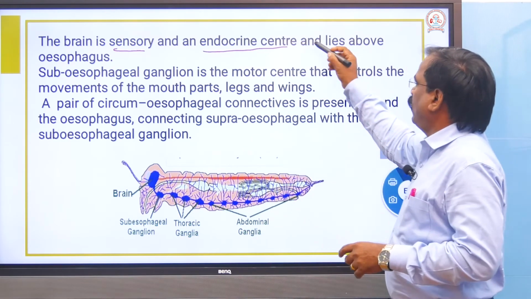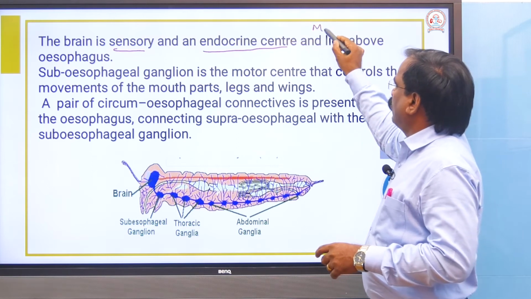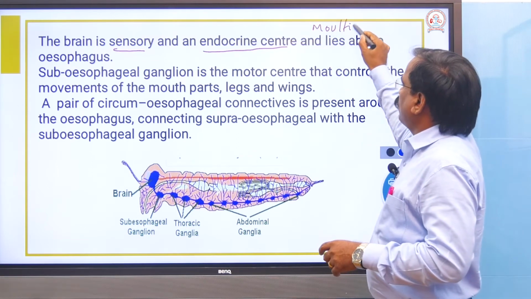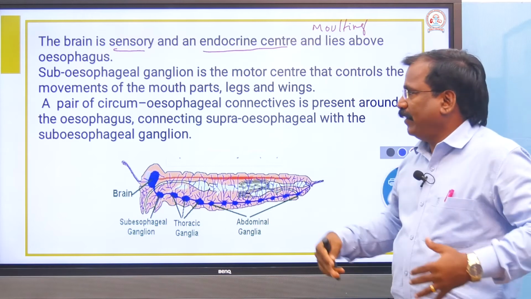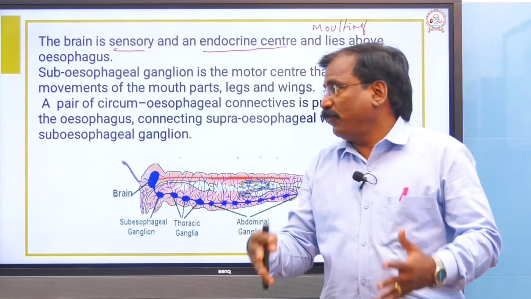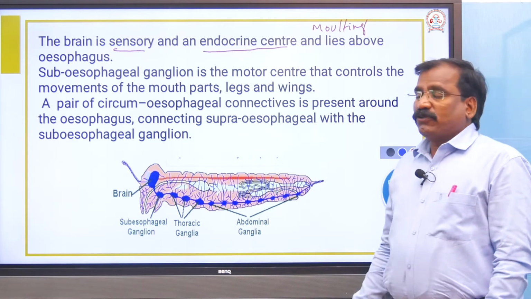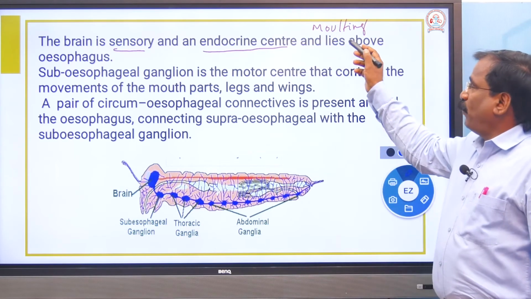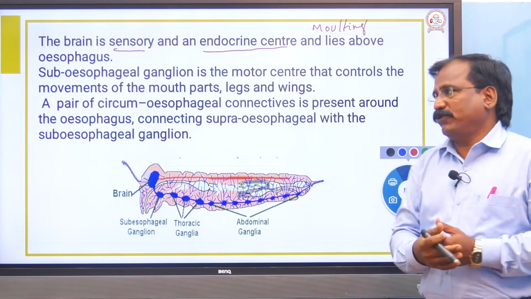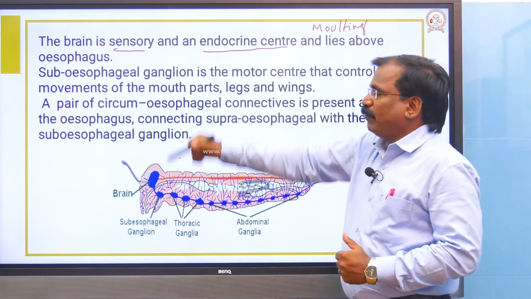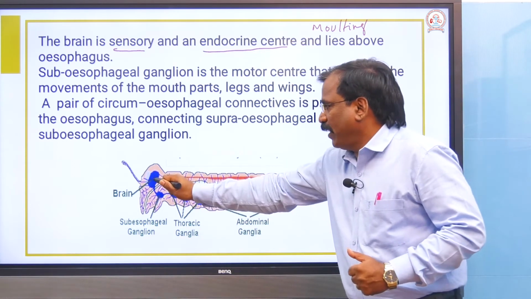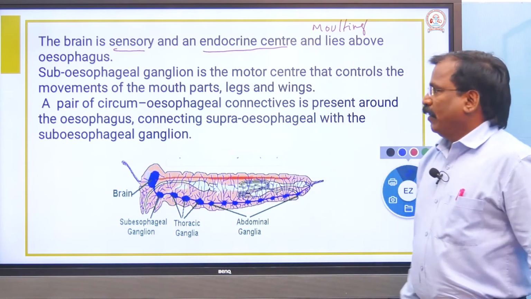That phenomenon is called ecdysis or molting. For molting it needs some hormones, and that hormone is secreted by the brain.